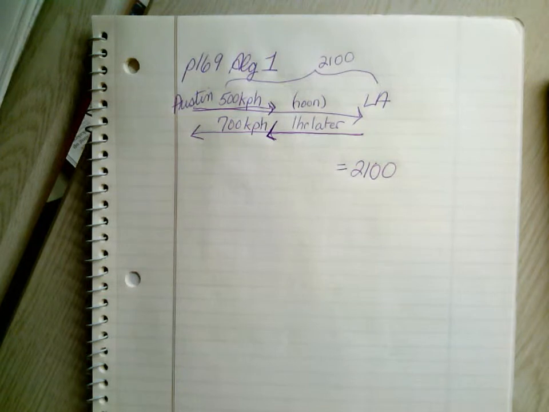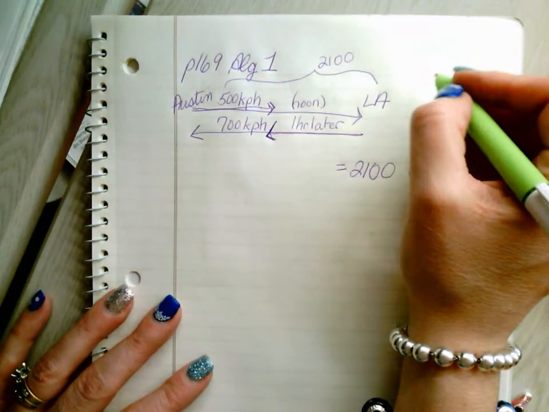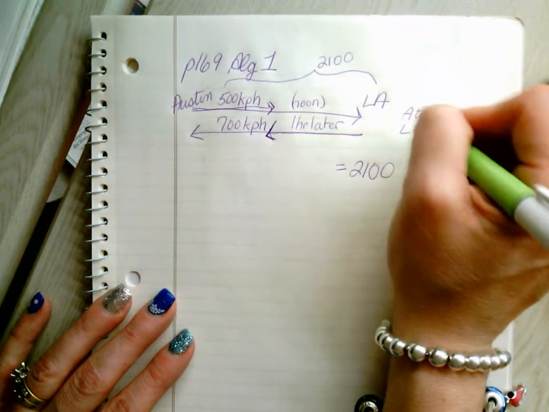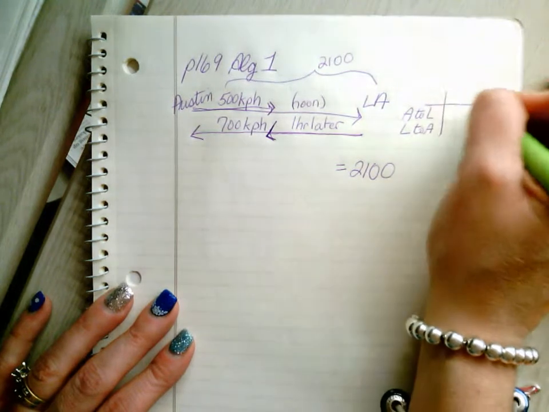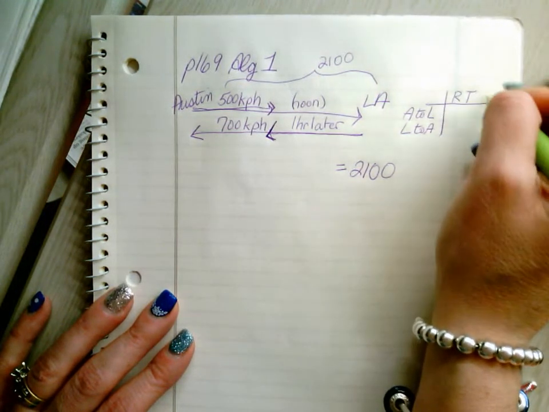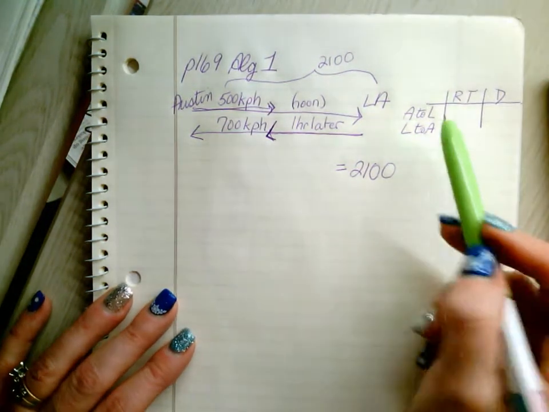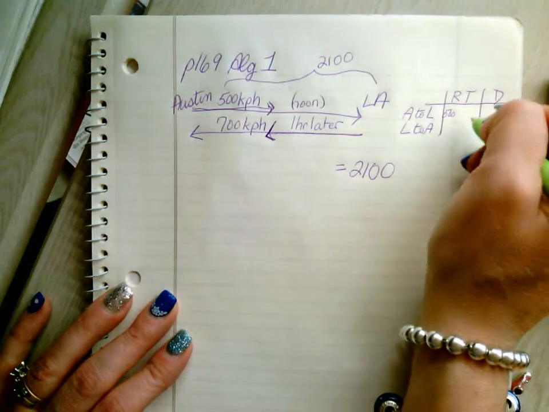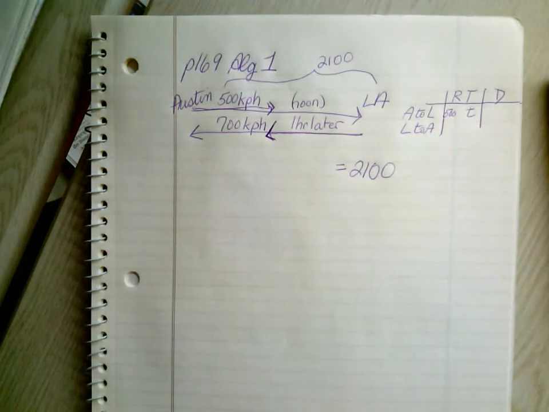Okay? So if I were to chart this, I would say A to L and L to A. I'm going to squeeze it in. R, T, D. Austin to LA is doing 500 kilometers per hour, and he started at t o'clock.